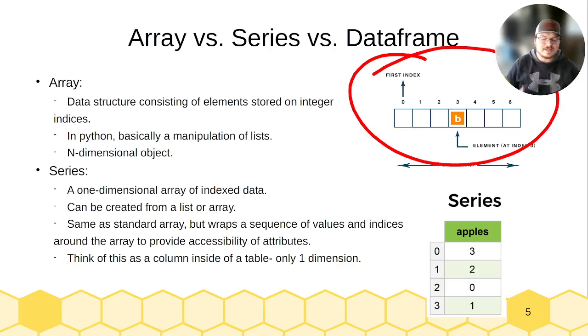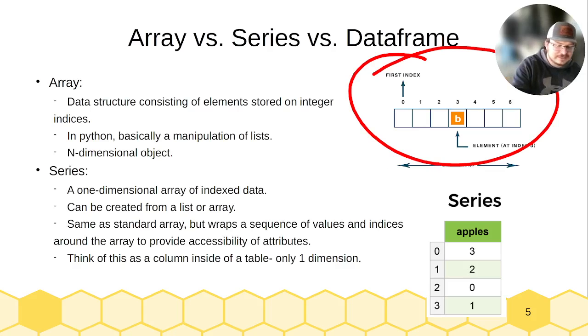So a series is a one-dimensional array of indexed data that can be created from a list or an array. And so it basically takes that array and wraps it in sequences of values and indices that allow us more accessibility to the attributes and makes it more user-friendly. So we can think of this as basically a single dimension within our total data set.